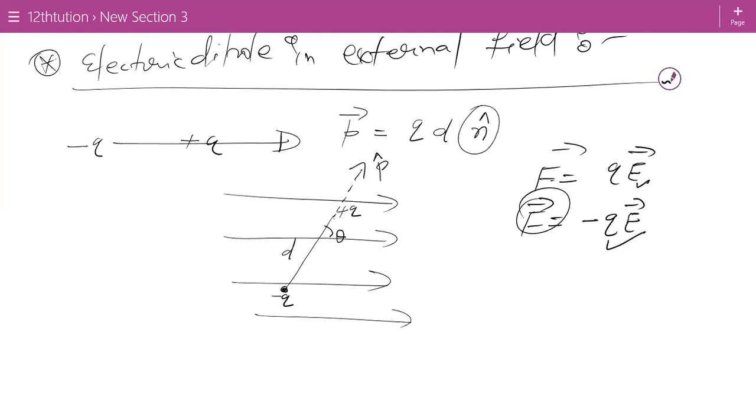So here the force on this negative charge due to this electric field will be on the opposite side of the electric field, and on the positive charge it will be in the direction of the electric field. Does it make sense? And how much force is there? QE, QE. So you can see that there are two equal forces in opposite directions, right?